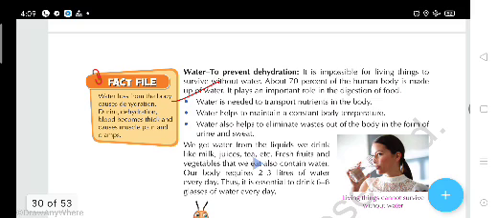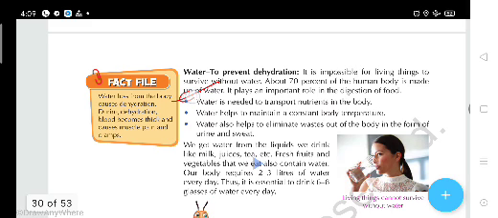Because water is needed to transport the nutrients in the food in the body. Students, I told you that nutrients are essential for us, but the transportation of nutrients in our body is also very important, and for the transportation of nutrients we require water.